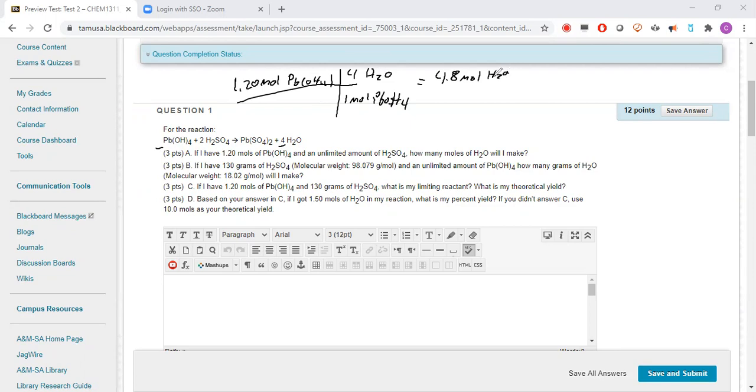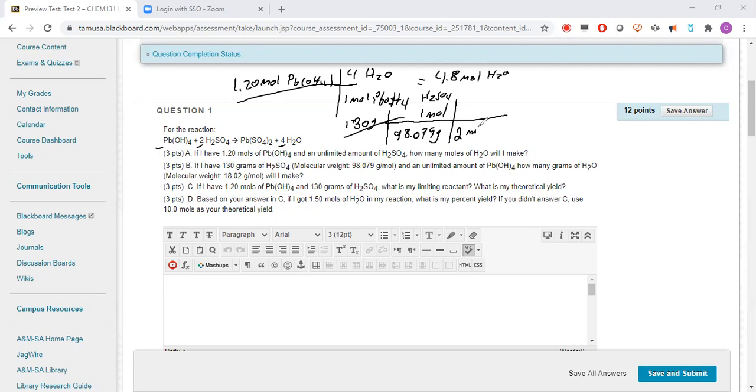Same thing with B. I have 130 grams of H2SO4. Then I go to the molecular weight, which I gave you there. 98.079 grams in 1 mole. Again, I'm in H2SO4 here. So to go to water, I see that for every 2 moles of H2SO4, I make 4 moles of water.